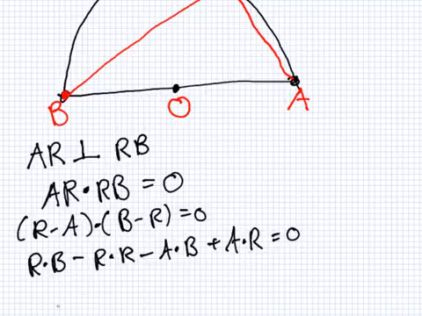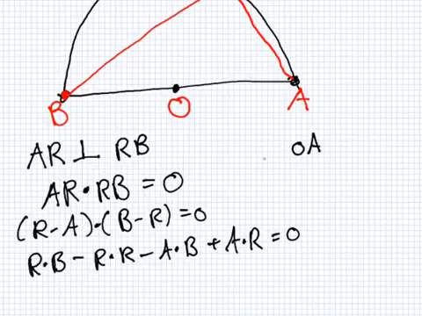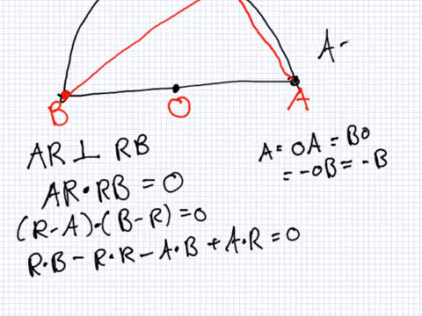Now, if you look here, OA, or A, is the same as BO, and BO is the same as minus OB, which is the same as minus B. So A is the same as minus B, because they're the same vector, just pointing in opposite directions.